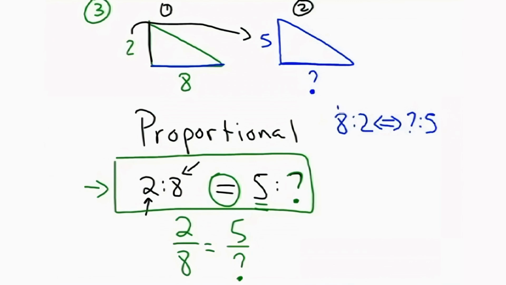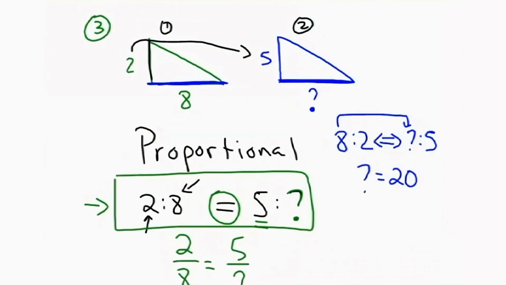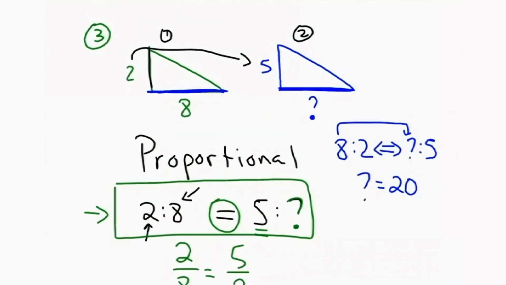As long as the first things written are the parts that correspond, solving that ratio will still give us that the value of the unknown is 20. So that should give you a little refresher on ratio and proportion and how they work.